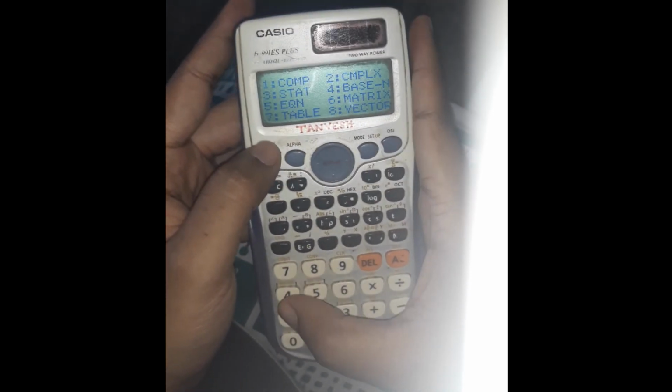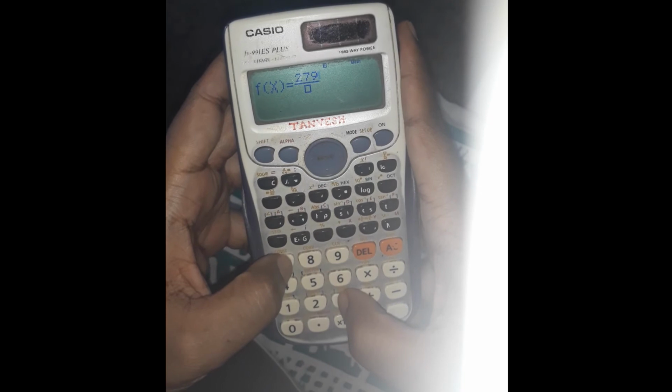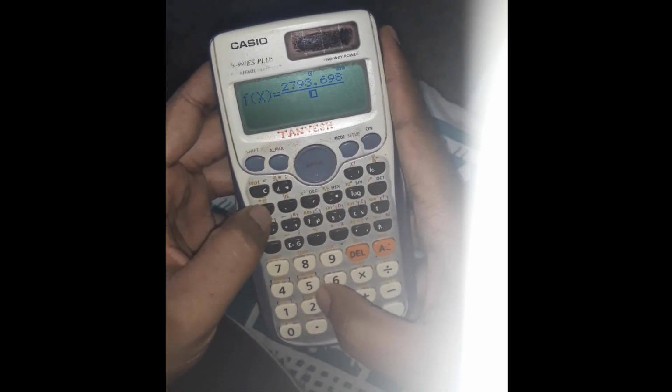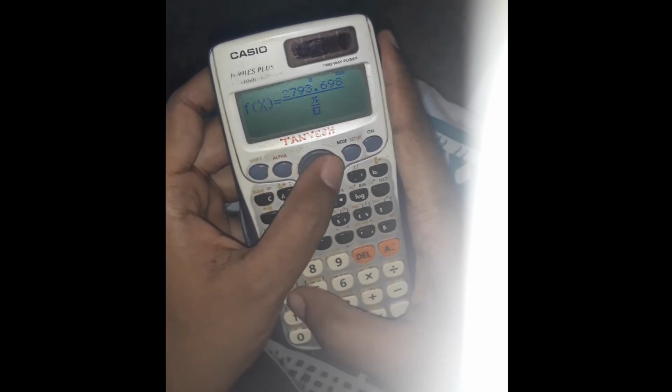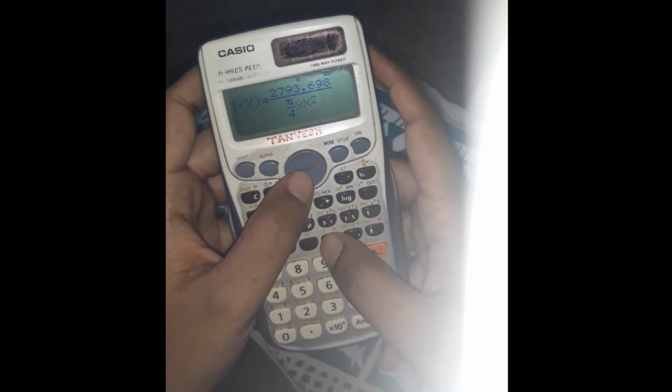What you have to do is go into the mode, go into table 7, then the area of steel is 2793.698 divided by, here you have to put pi by 4 into x square, and x will be the diameter that you put. So x, you should start from 6 and it should go till 32, and the step will be 2.